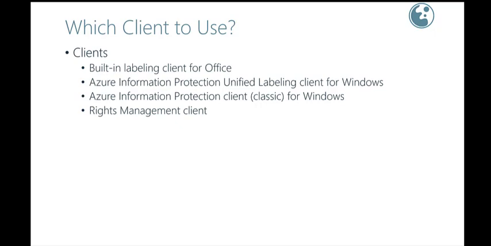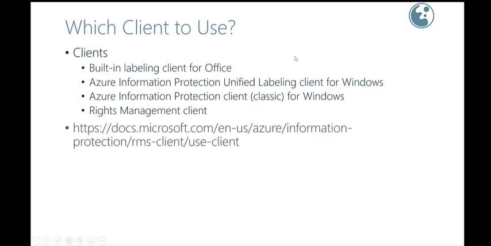There's also an older rights management client add-in you can install for consuming protected information if you don't use the Azure Information Protection labeling and classifications functionality. So there is more information, and the features are quite specifically and detailed listed on that documentation site I have on my screen now.